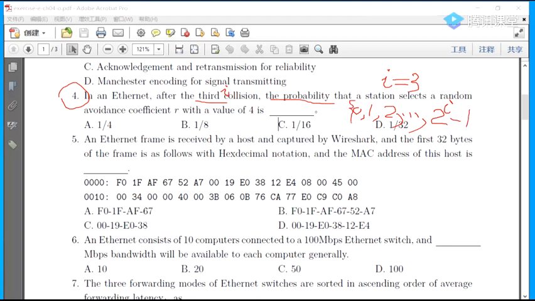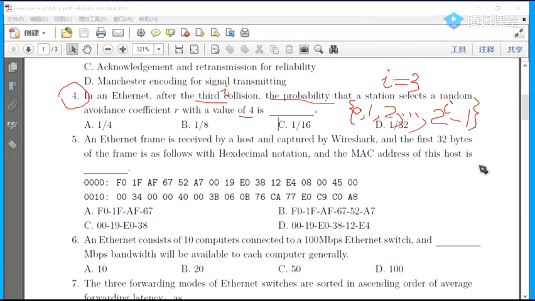So it is selected from the set uniformly, with uniform probability.